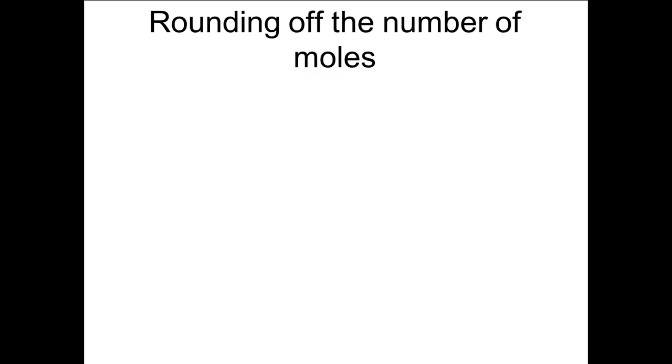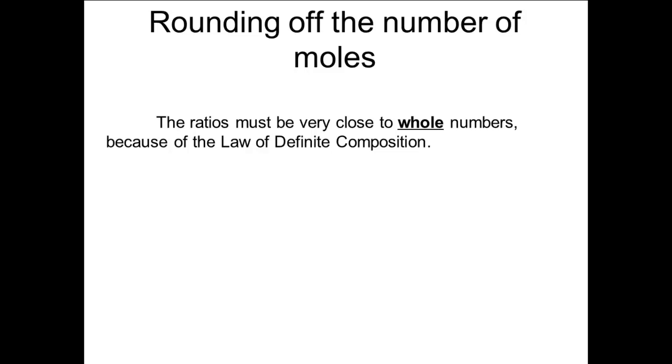At this point, we have 1 mole of carbon for each 2.66 moles of hydrogen. Can we just round off the 2.66 to a 3? The answer is no, because the ratios must be very close to whole numbers, because of the law of definite composition, which says elements combine in small whole number ratios of their atoms to make compounds.